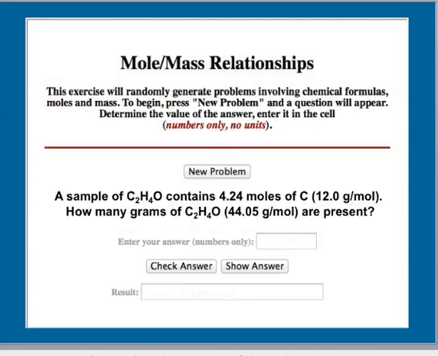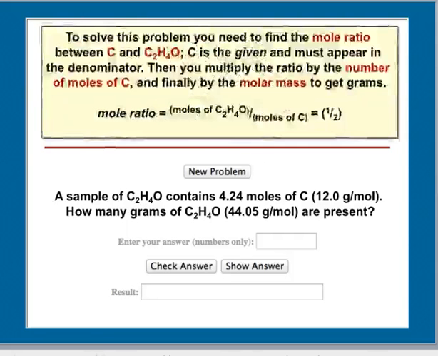Well, every C2H4O has 2 moles of carbon, doesn't it? So what's the mole ratio? 2 to 1. We have given this carbon. So carbon has to be in the denominator. So we will use 1/2.